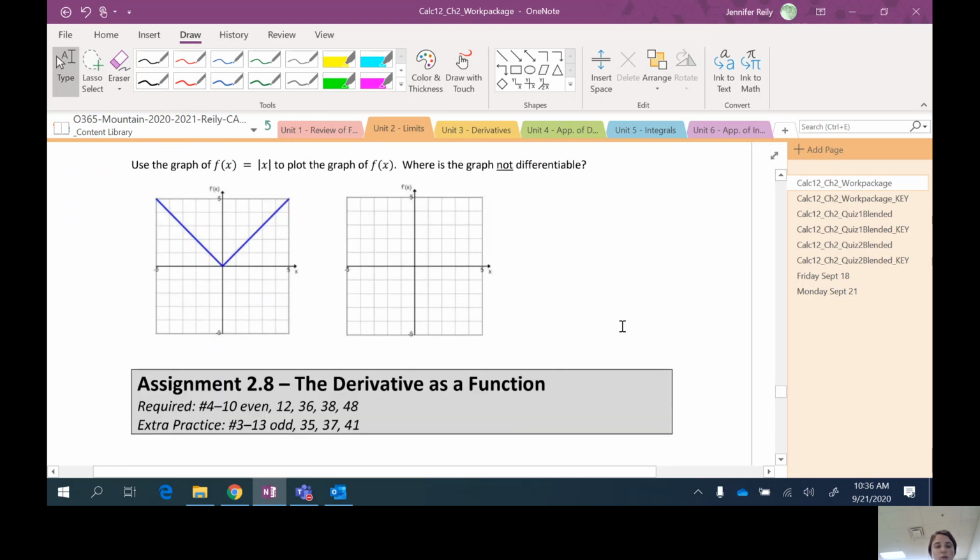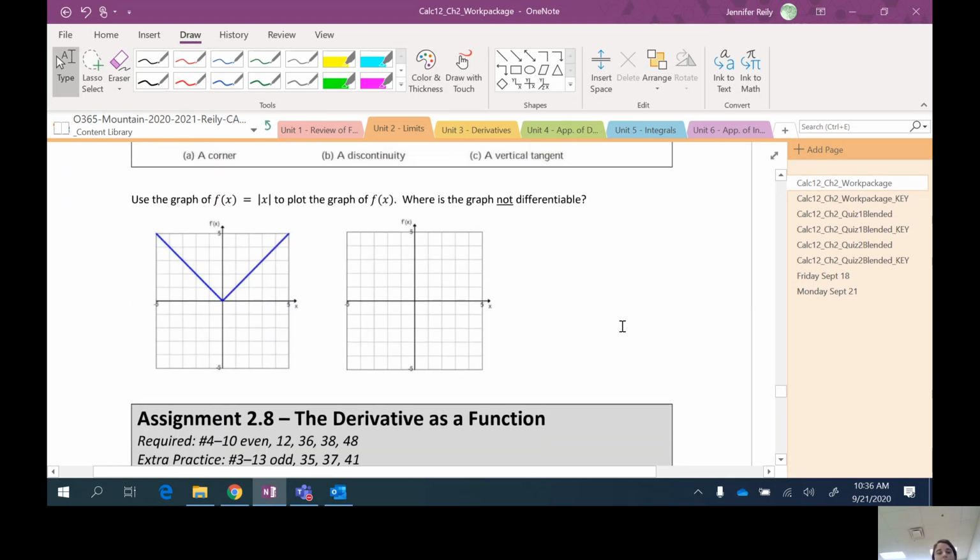Okay, let's try and do one more example here where we draw the derivative. And then that will be the end of today's lesson. So here we have a straight line. We've got a corner here, a sharp corner at x equals 0. So this function does not have a defined slope of its tangent line at x equals 0 because of that corner.